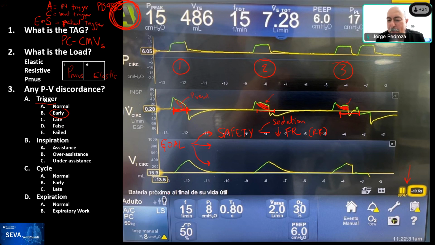Very good. Okay, what would you do if the goal is comfort? And I just want to say, as you write, that usually with safety as a goal, we still drop the frequency first. That's our first item, and then we think about sedation, as highlighted there.